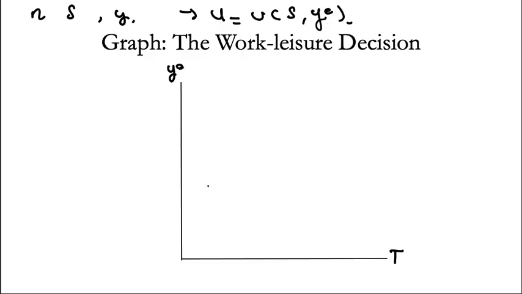Okay, now let's say initially you have an initial situation, where your real wage is W naught, which is equivalent to W over P naught.